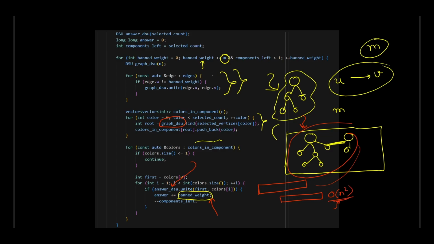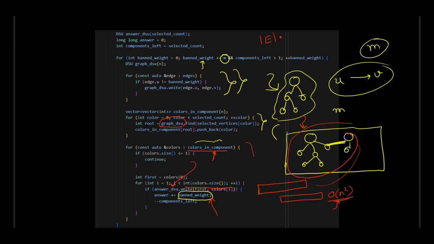So what is the time complexity? This for loop goes till E, and inside this you are only looking at all elements in a connected component, and you are saying how many of them have joined the component for the first time.